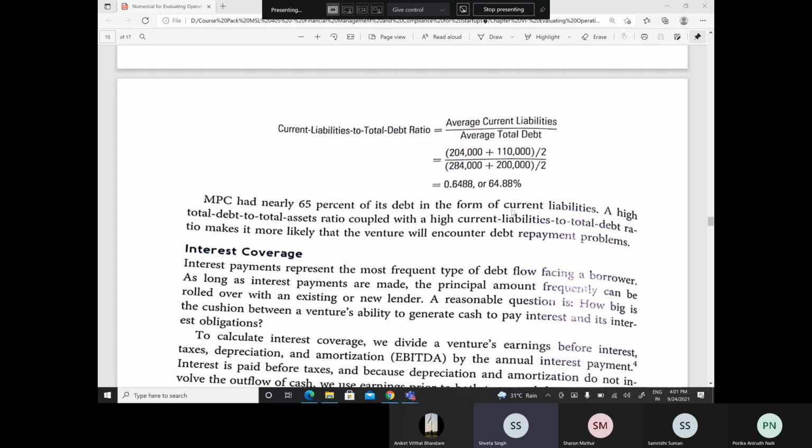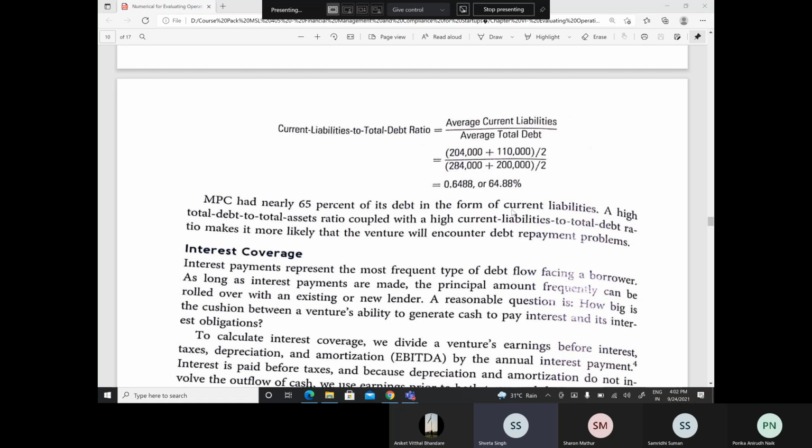There you would find that current liabilities constitute a greater portion than long-term debt when you look at total debt. A high total debt to total assets ratio coupled with a high current liabilities to total debt ratio makes it more likely that the venture will encounter debt repayment problems.